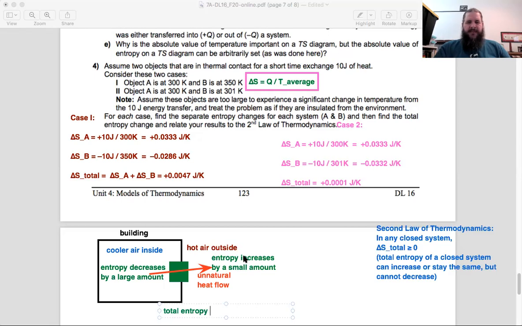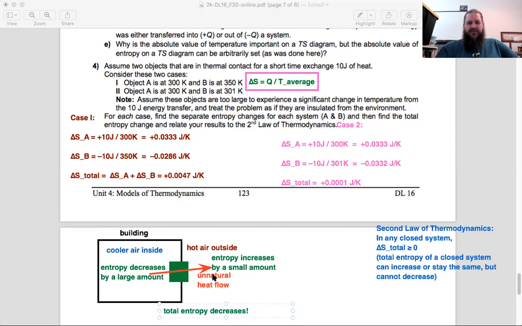Oh, it's going to partially cancel out. Right. But which one wins out? Do we end up with a medium increase or a medium decrease? A medium decrease. Right, because we have more decrease than increase, since the decrease is happening at a lower temperature. So the total entropy of this system decreases.